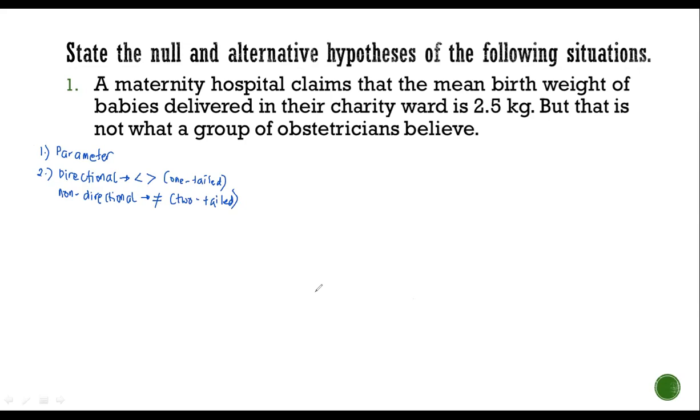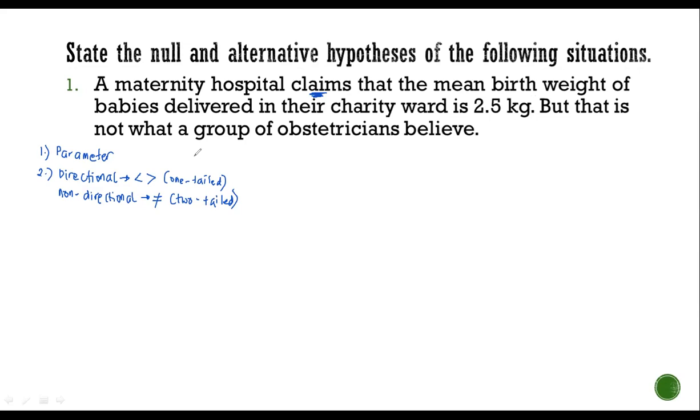First, parameter. Basahin natin yung problem. A maternity hospital claims, yan. So, yung claim nila that the mean birth weight of babies delivered in their charity ward is 2.5 kilograms. But that is not what the group of obstetricians believe.